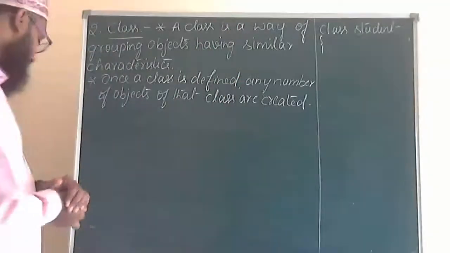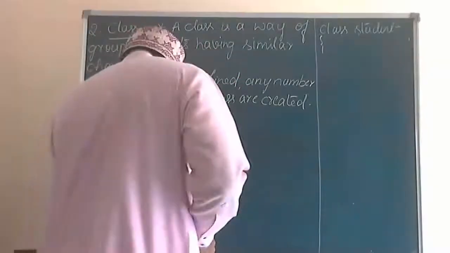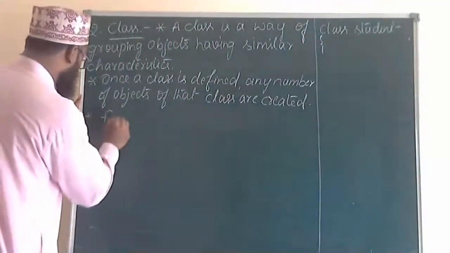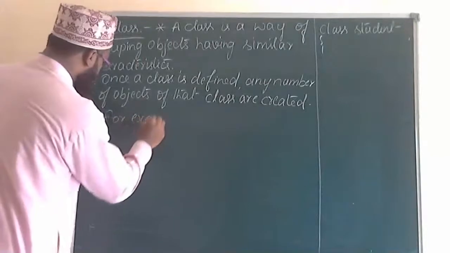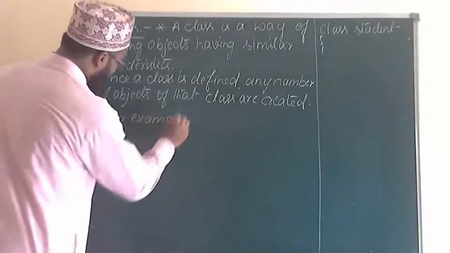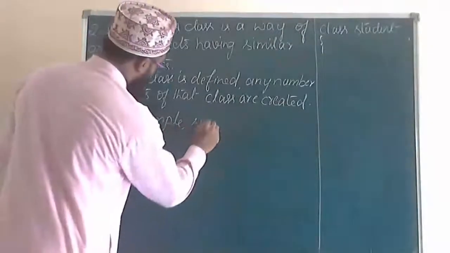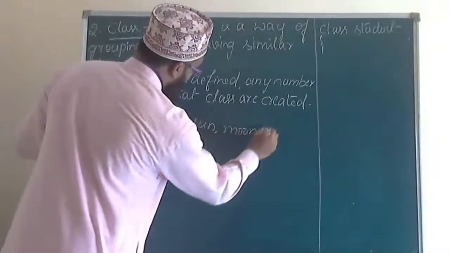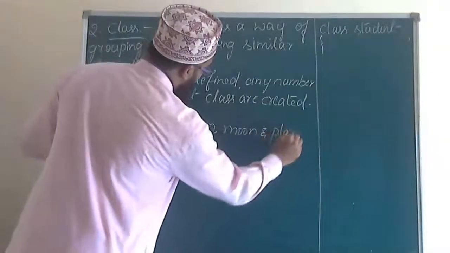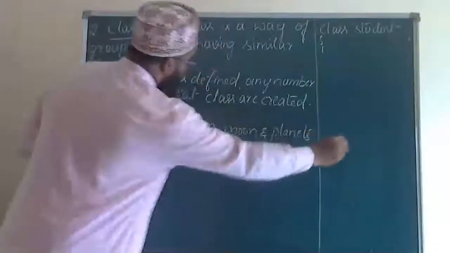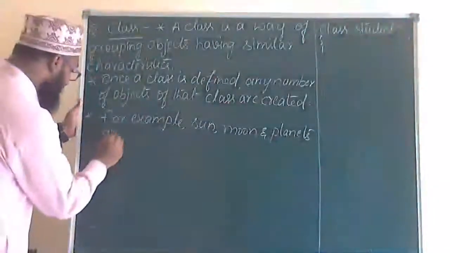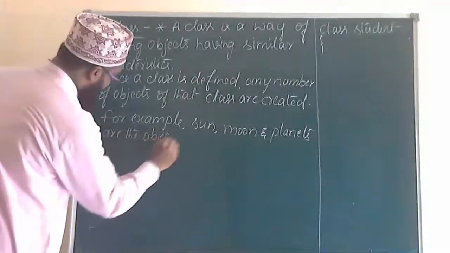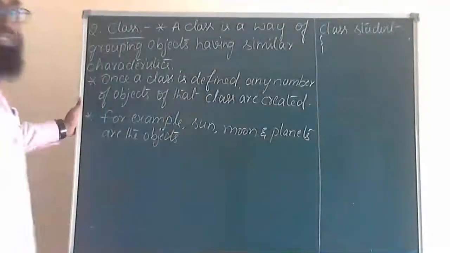The next thing here, take an example. For example, sun, moon, and planets are the objects.